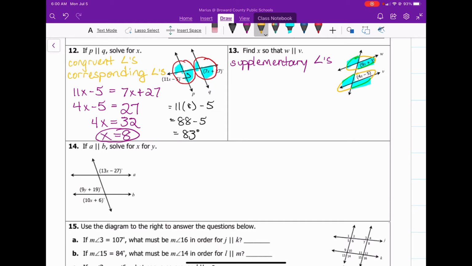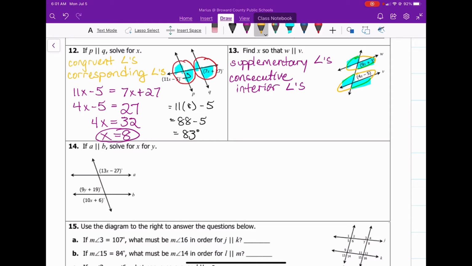More specifically, the name of these two angles is consecutive interior angles. We already know that they're supplementary, and supplementary means that these two angles add to equal 180.